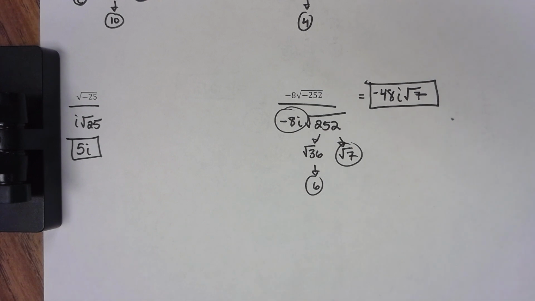Those get sneaky when we start mixing in perfect squares, especially ones that we don't recognize. Like I know on one of your homework problems for the quadratic formula tomorrow, there's a really big square root. I shouldn't say really big, but it's like 21 squared or something.